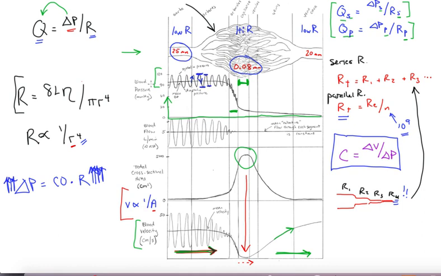Remember we said this pulsatility generates this pulsatile flow down here. Well, if our pressure looked like this instead, if our vessels became non-compliant, like they didn't give at all, and that actually happens with atherosclerosis or hardening of the arteries, then they don't give at all.